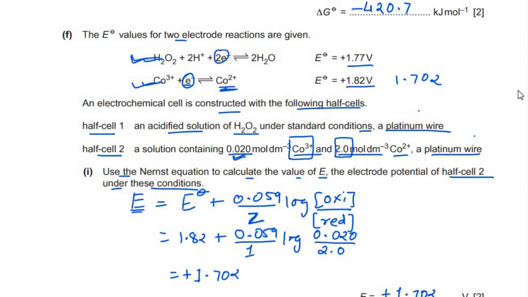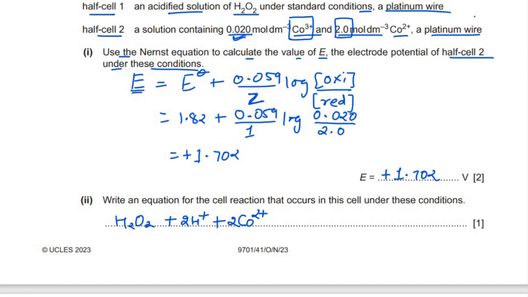We'll multiply the whole equation by 2. So we'll get 2 moles on each of the species, and so Co2 plus multiplied by 2, that is 2 moles, are the reactants, and on the other side we have 2 moles of water plus 2 moles of cobalt 3 plus.